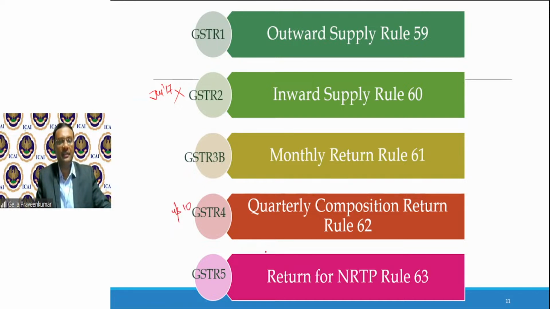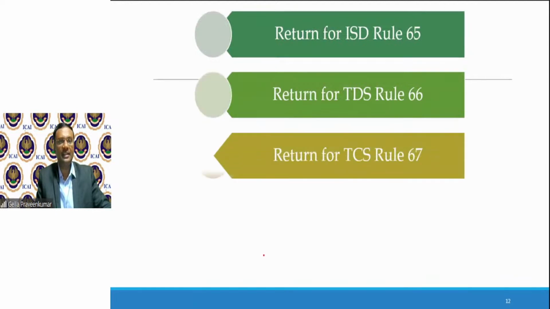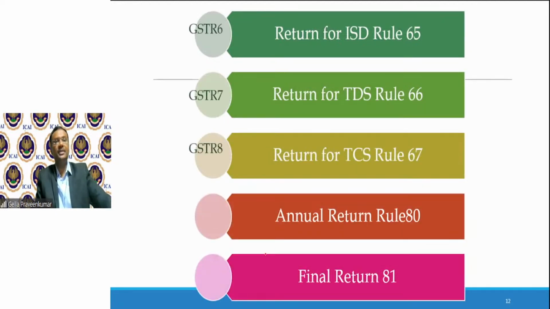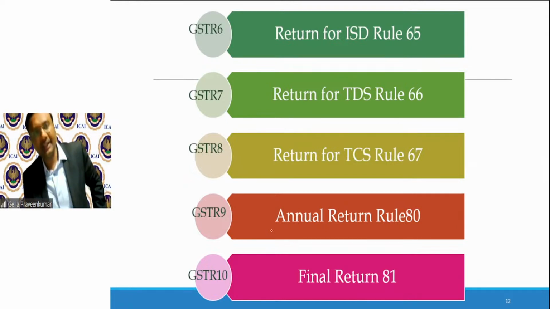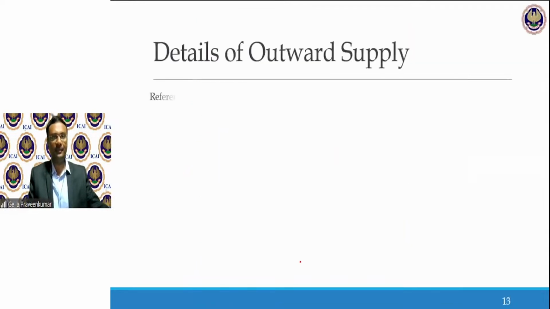GSTR-5 for NRTP. GSTR-6 for your ISD. GSTR-7 for the purpose of TDS. GSTR-8 for the purpose of TCS. GSTR-9 for the purpose of annual return. Finally, GSTR-10. These are the total returns in our institute material for us to study.